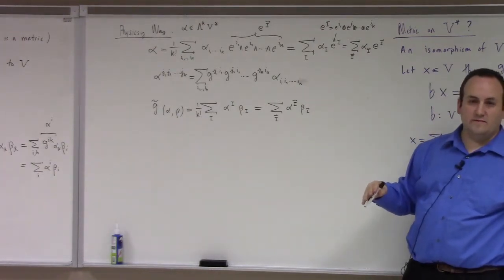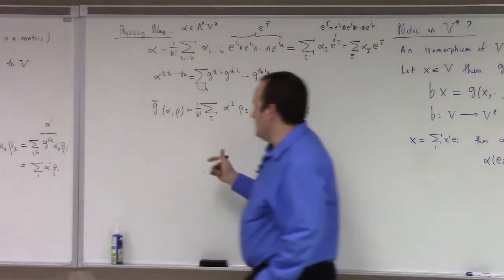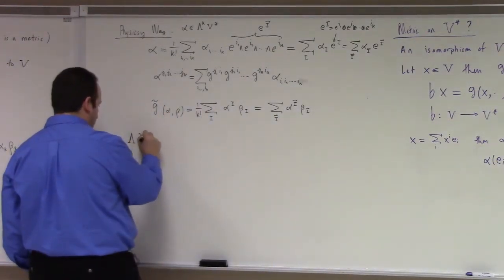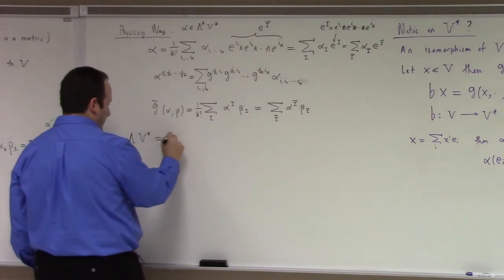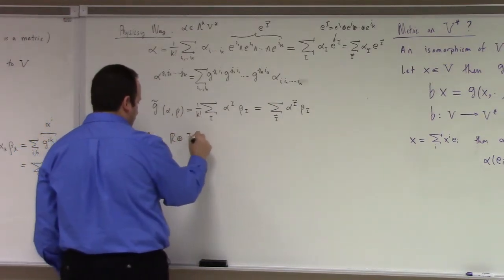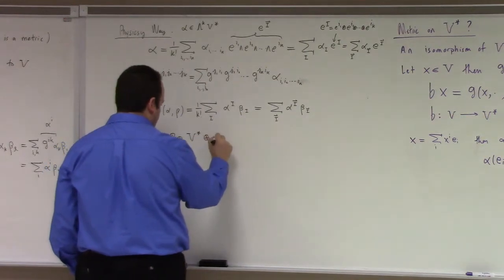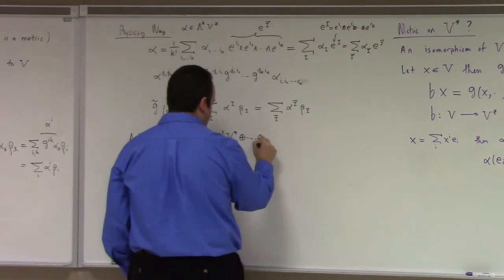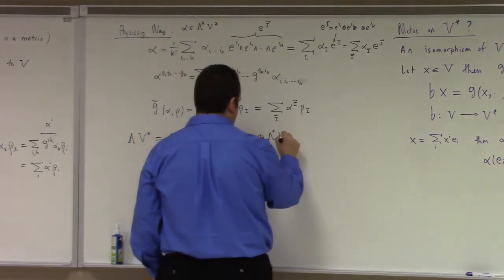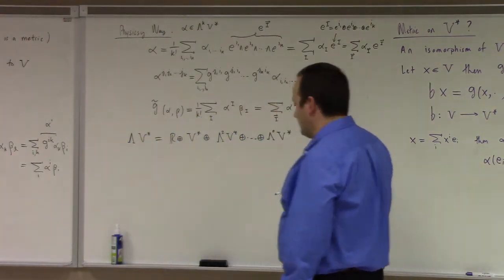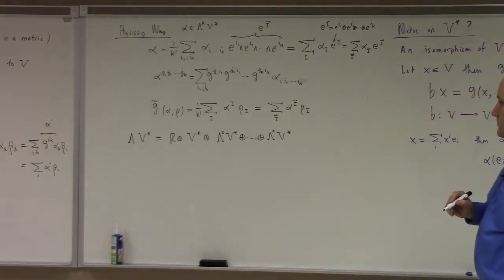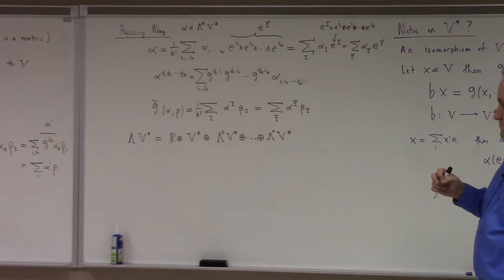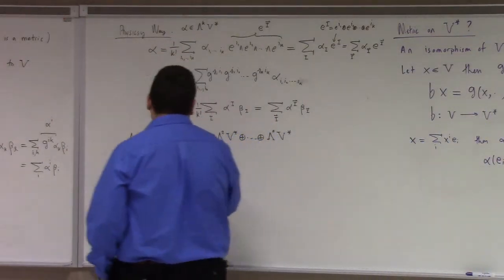How would you define the inner product on, say, this? So this is R, direct sum with V dual, direct sum with the 2 forms, direct sum, up to the n forms over V dual. How would we get a metric on that? Let me talk about degree for a second here.